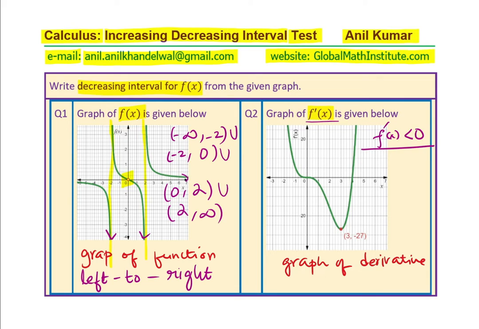And it is less than 0 in between these 2 points. So, it is from 0 to 4. So, that is the decreasing interval. You get an idea? So, we're talking about this interval when the derivative is negative. That is key to answer the given question.